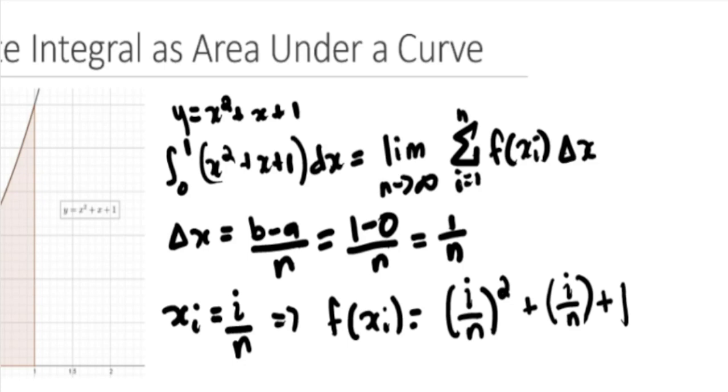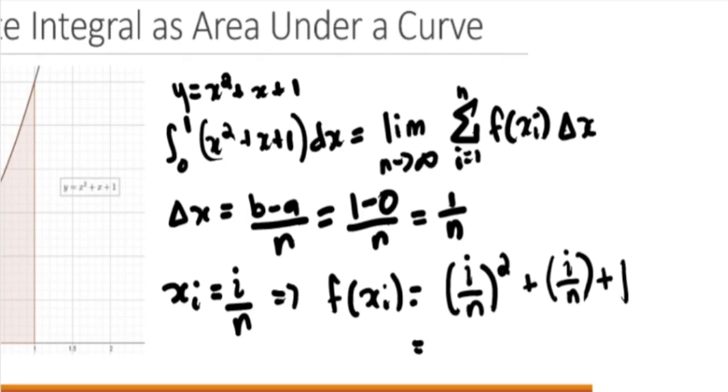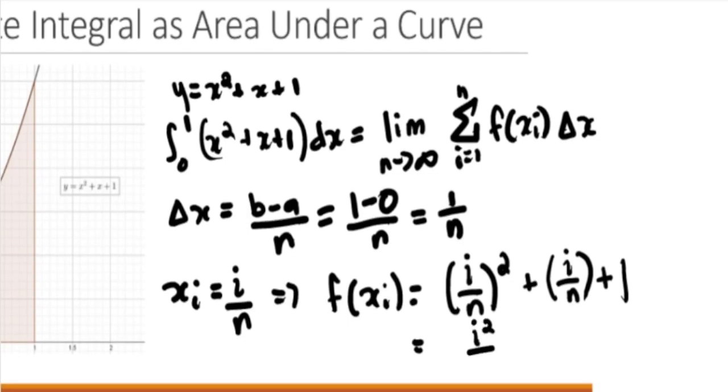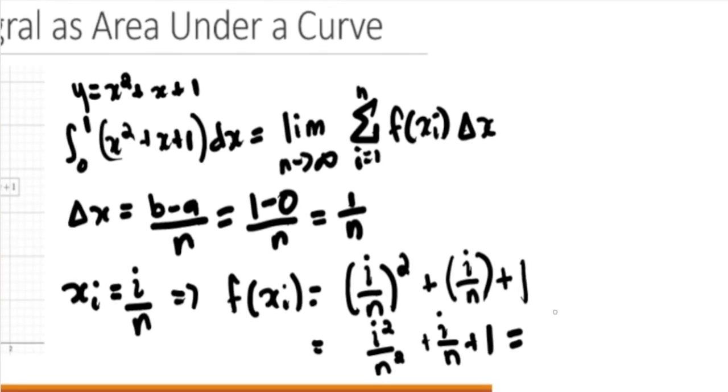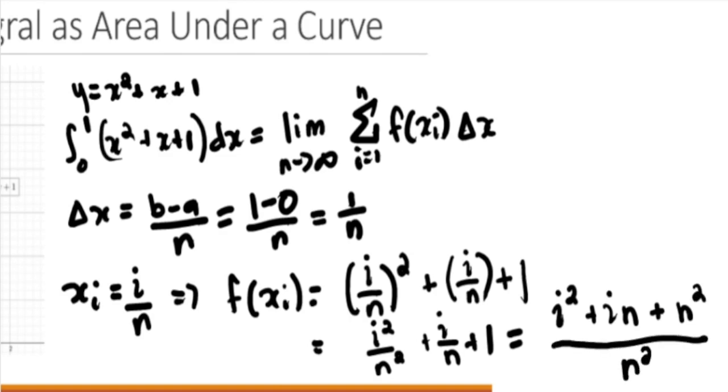It's going to look intimidating, pero we can just treat this term by term. Our f of x sub I would be I squared over n squared plus I over n plus 1. Sulat lang natin siya as a single fraction. So I squared plus in plus n squared over n squared. Okay?